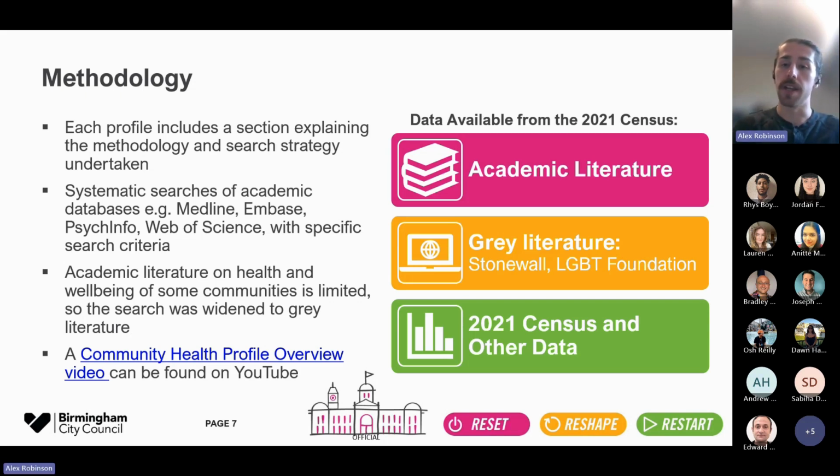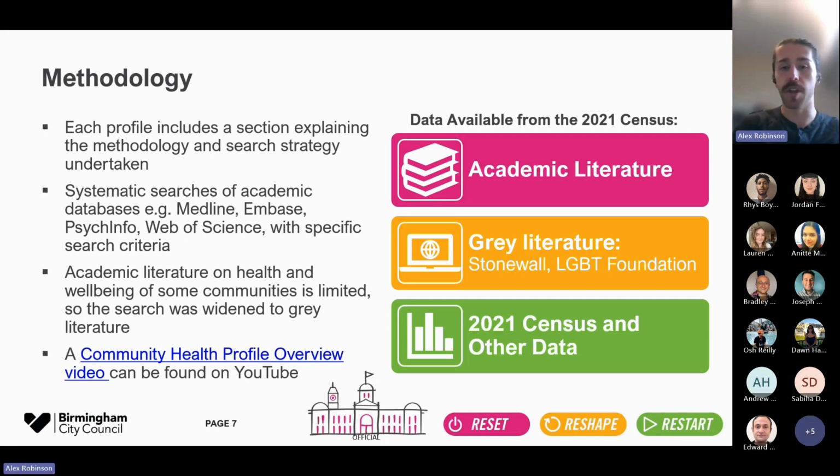So for some of the communities, the academic literature on health and well-being is very limited. So the search was expanded to include relevant grey literature as well, such as reports by Stonewall and the LGBT Foundation.